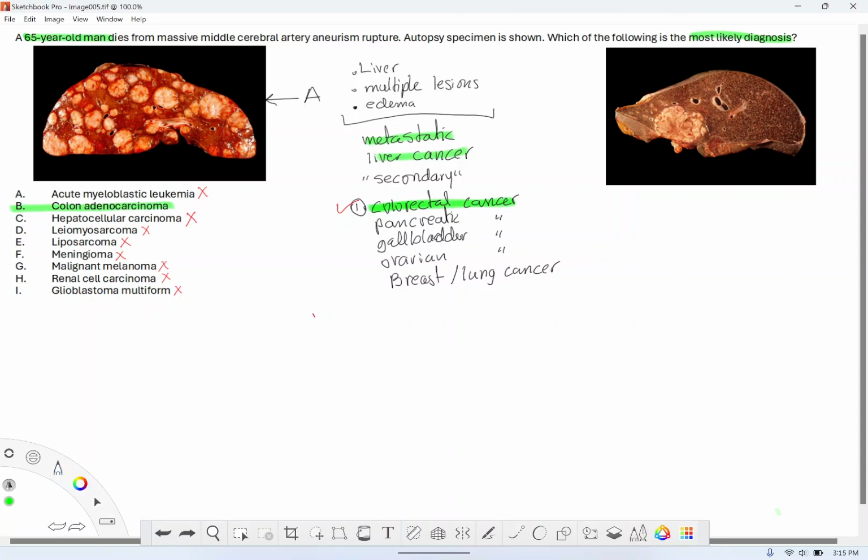Okay, so you see in this picture a single mass with a lot of dots within the liver. So this picture shows us cirrhosis and a single mass. This is primary cancer. So picture B shows us signs of cirrhosis, and then it also shows us a single mass.